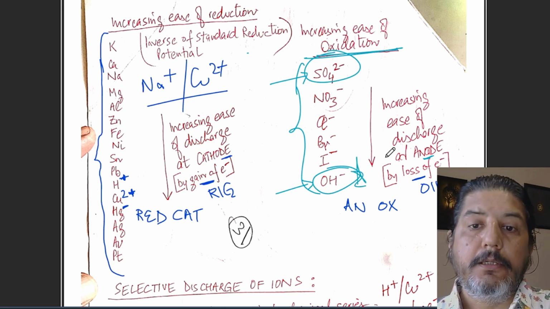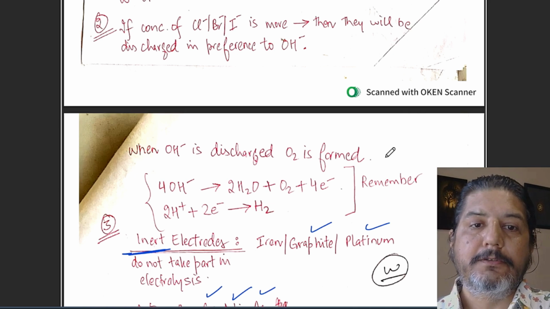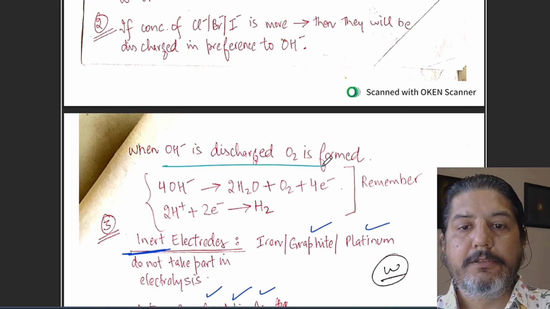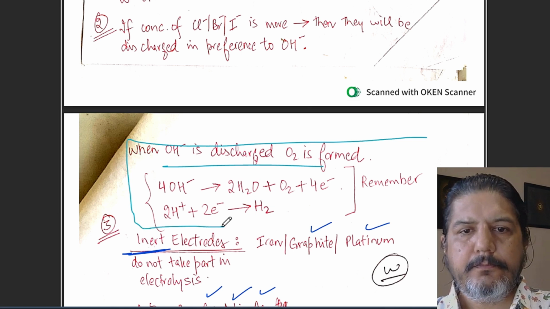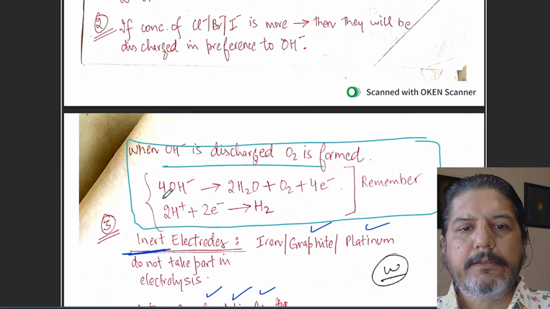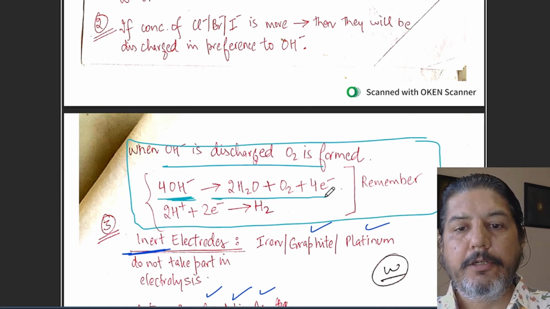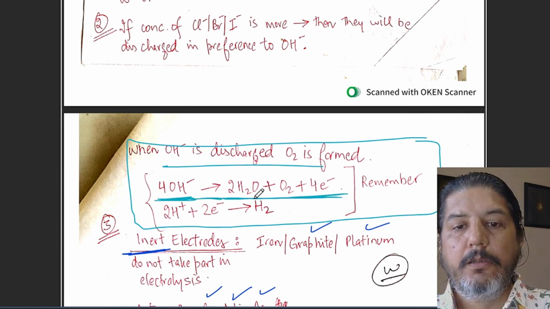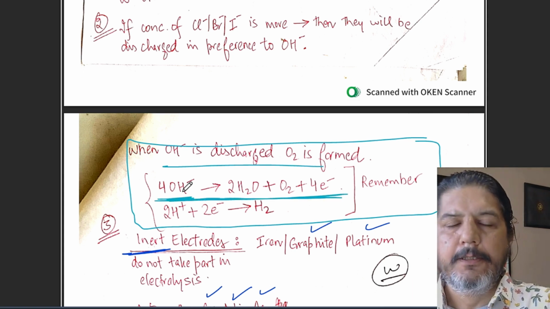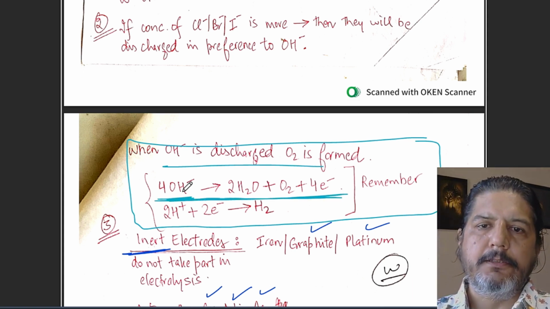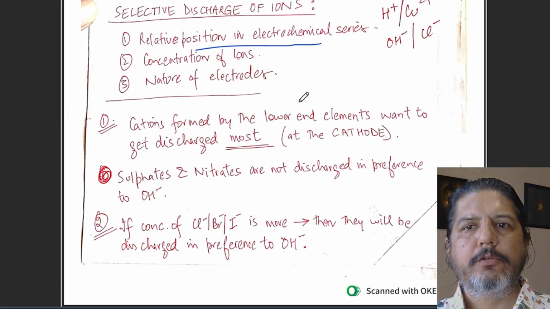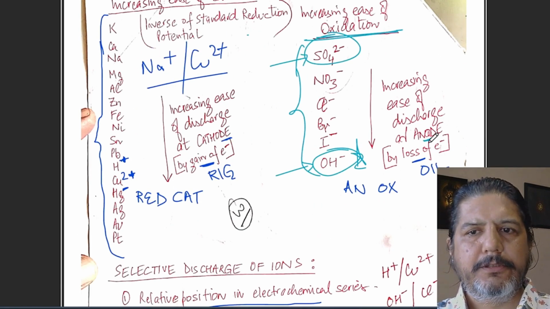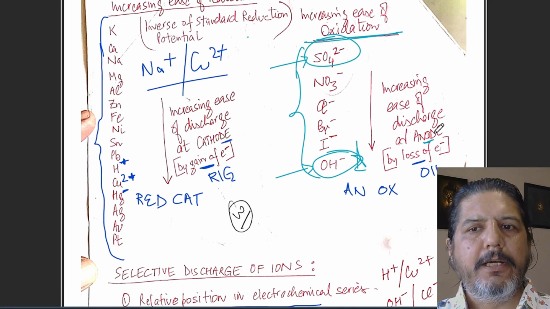One of the equations that you need to remember is that when hydroxide is discharged, O2 is formed. I'll repeat: whenever hydroxide is discharged, oxygen is formed. Hydroxide will get attracted to the positive end. The positive end is the anode.